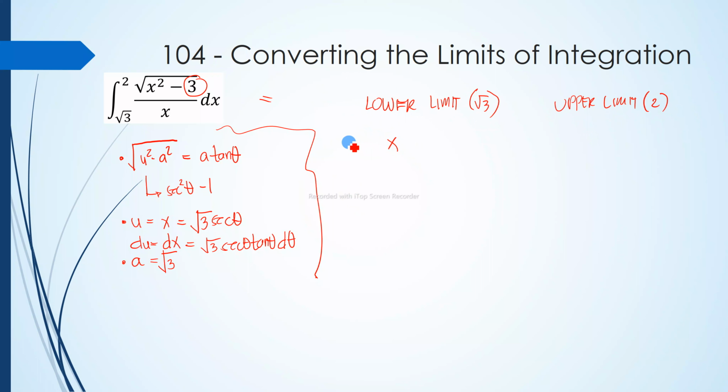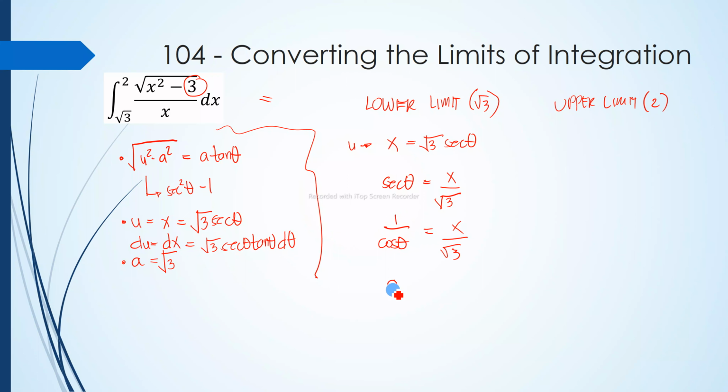So, di ba natay u is equal to x is equal to square root of 3 secant theta. And we know that secant theta is just equal to x over square root of 3. We know that secant theta is equal to 1 over cosine theta, that is equal to x over square root of 3.